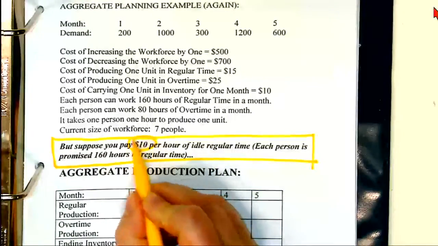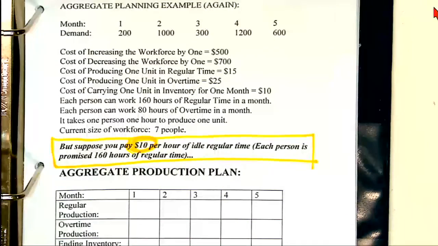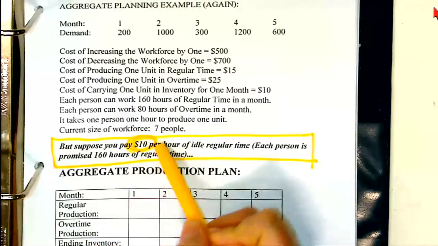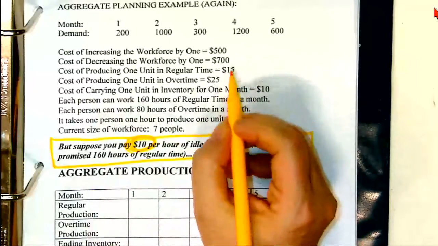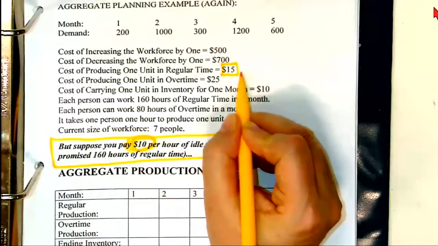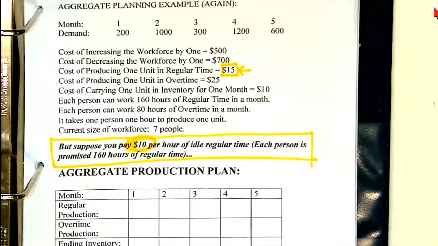This is actually revealing what must be in this mythological problem, the base pay rates. Because if you call the person in and they're around for 40 hours a week, you're paying them $10 an hour. The cost of regular time production is $15, so that additional $5 must be materials, because it takes one person 1 hour to produce 1 unit.